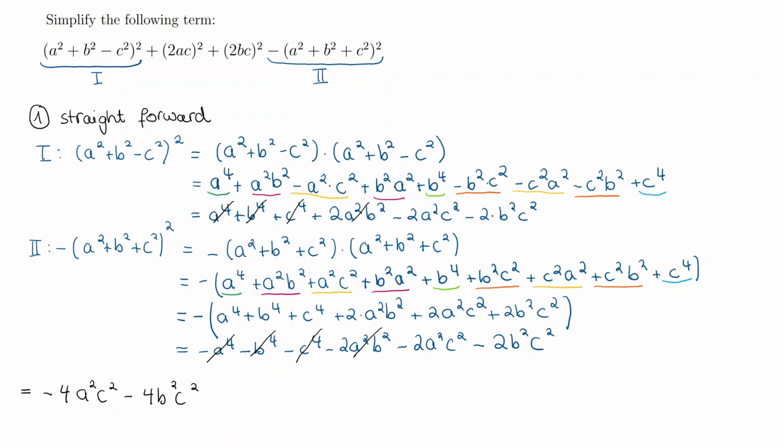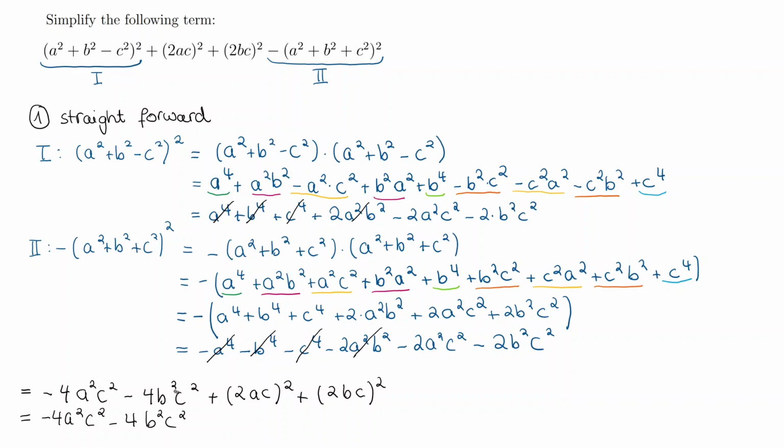And then if we look here, we just calculated those two parts. They are the same as this here. And then it remains this part. So I just copy it. Plus 2ac square plus 2bc square. And this is the same as minus 4a square c square minus 4b square c square.